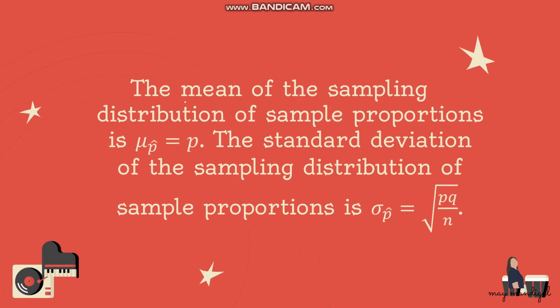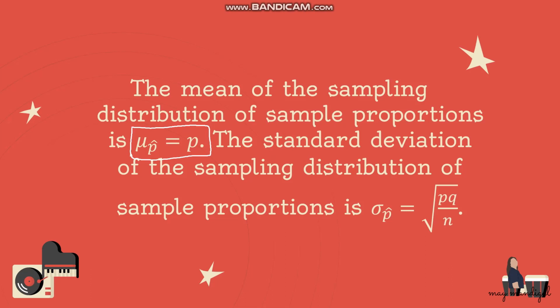Now take note that the mean of the sampling distribution of sample proportions is equal to the population proportion of success. Like what I explained a while ago, each sample has its corresponding proportion, and we can get the mean of all of those proportions from our sampling distribution.